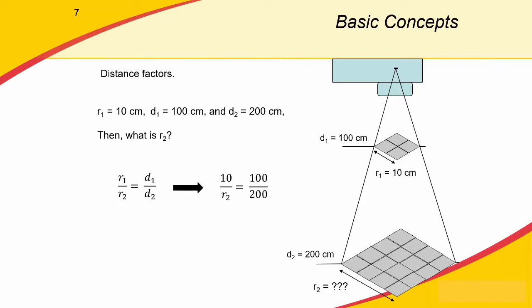So if we plug in our known numbers here, and we rearrange our equation, we can calculate what the field edge size is at distance 2. Aha, 20 cm. So we see that as the distance doubled from 100 to 200 centimeters, the size of the field edge doubled from 10 centimeters to 20 centimeters.